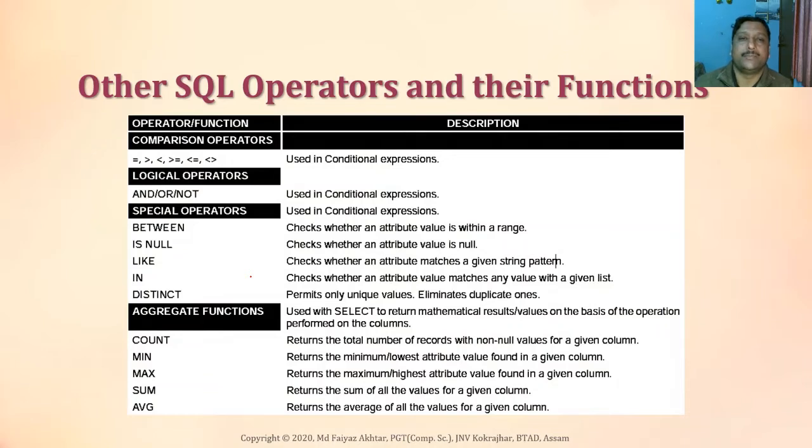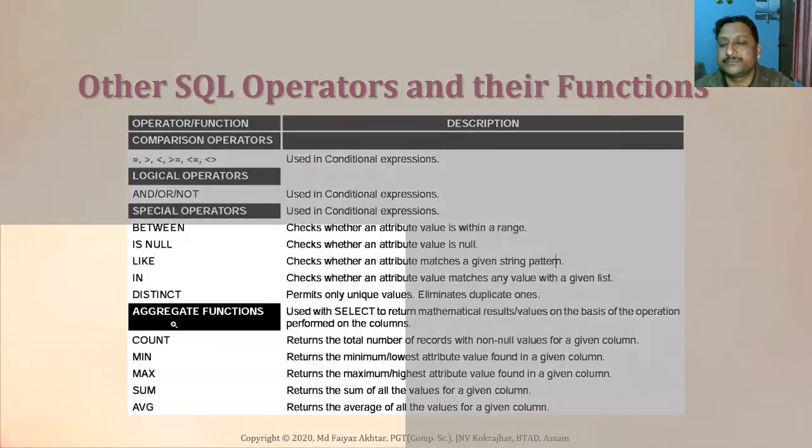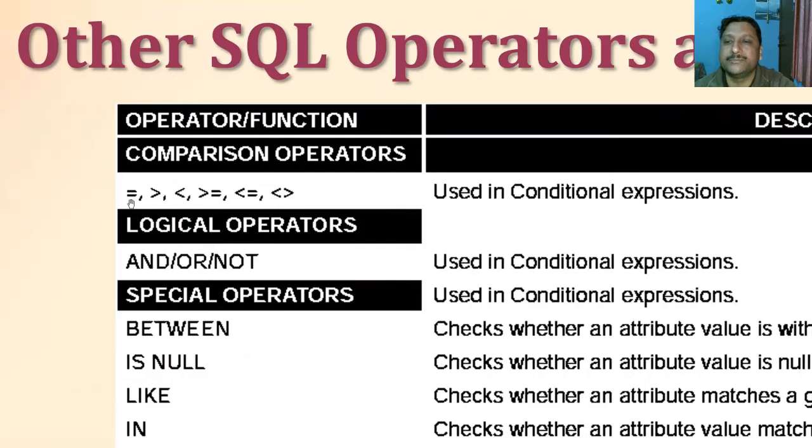Now next, other SQL operators and their functions. So many other operators are also there. See, comparison operators are available: equals to, greater than, less than, greater than equals to, less than equals to, not equals to. This is the symbol of not equals to, less than and greater than symbol put together.